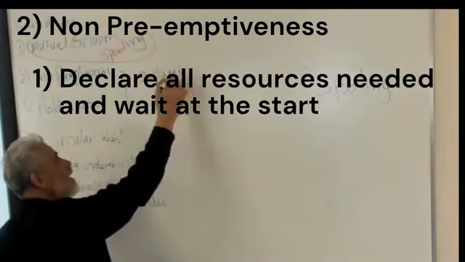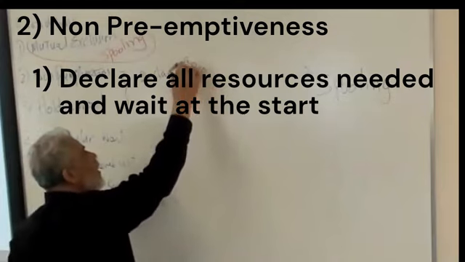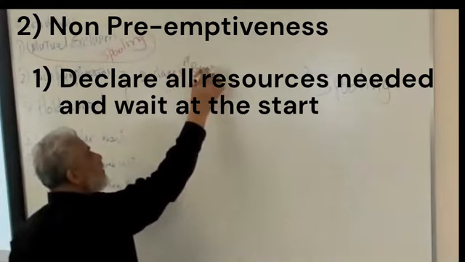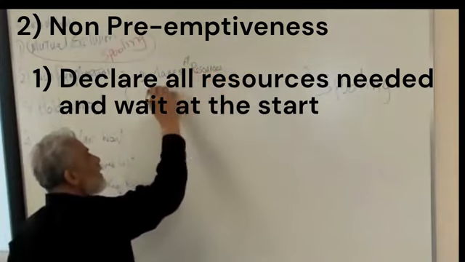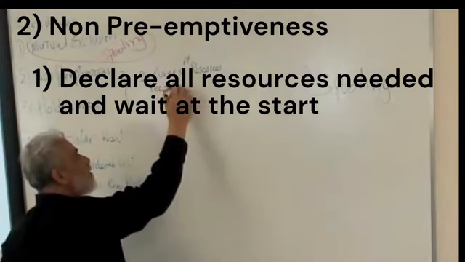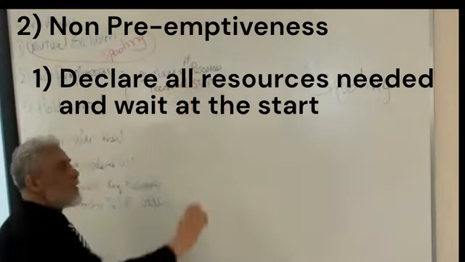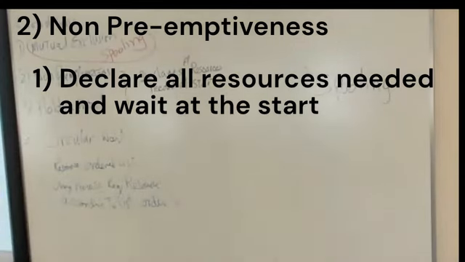Each process needs to declare all the resources needed at the start. We will not let you start executing unless we have all your resources. We get them all. If they're not available, we say, no, wait now.